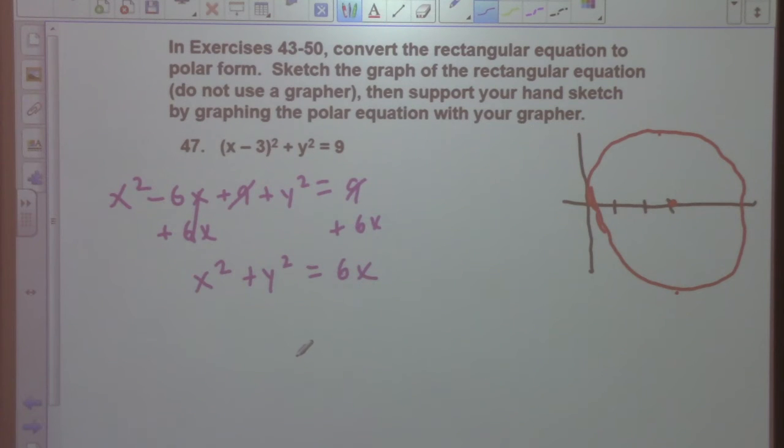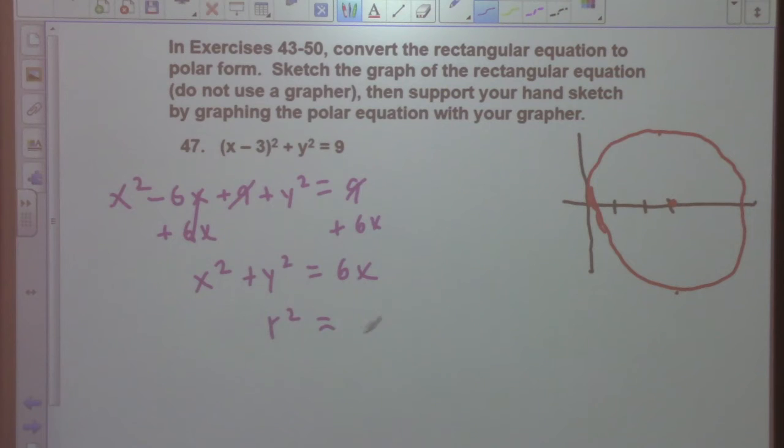What can we do next? We can replace these with our identities. So we know on the left side we're going to have r squared, right? Because x squared plus y squared equals r squared.